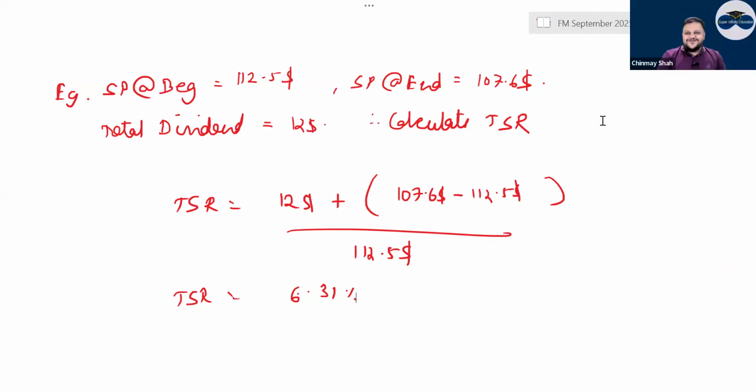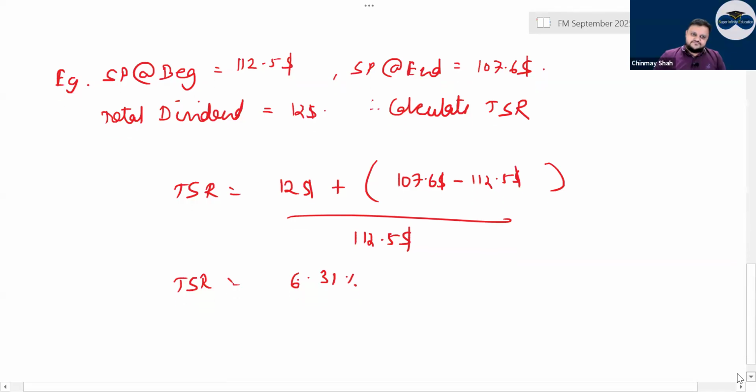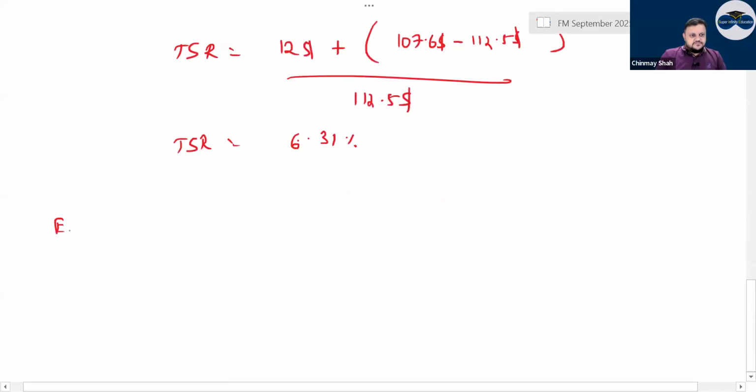Now can I put one more googly here? Tell me. Right? Dekho, what is the question? Share price now is equal to $117, correct?